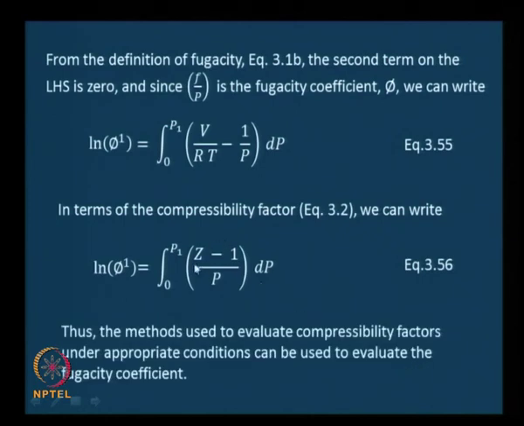And since we know so many ways to get at the Z value that we have seen so far in the module, we could use all those methods here to get also at the phi1 value.